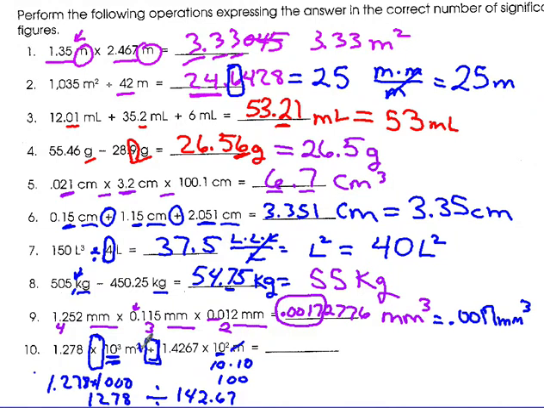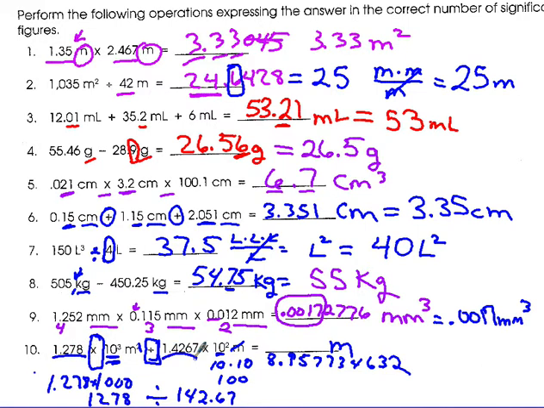Meters squared divided by meters. The meter cancels, and I'm left with meters. Now I'm going to use my calculator and divide 1,278 by 142.67. And this one's a huge number. 8.957734632. This one has 4 significant digits.